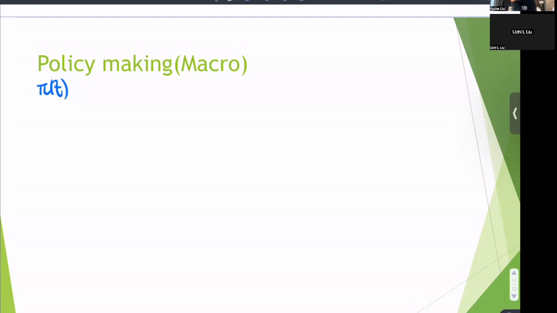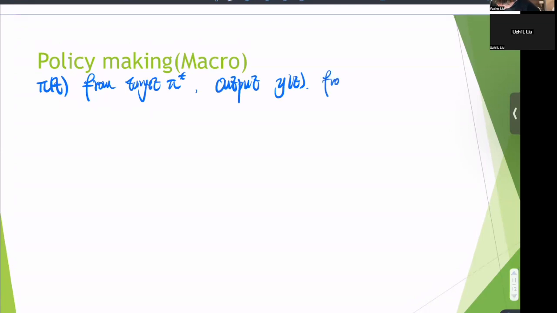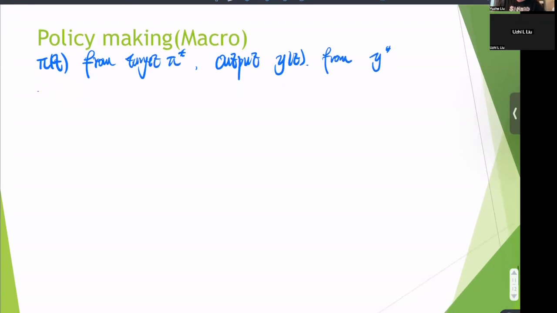Since it's related to time, the parameter is going to be t representing time, from a target pi star, and output y of t from its potential y star. The period is just going to be 0 to T.